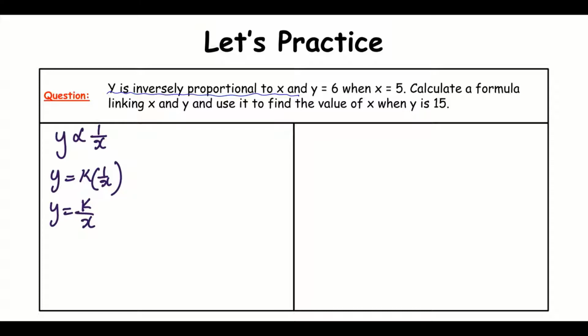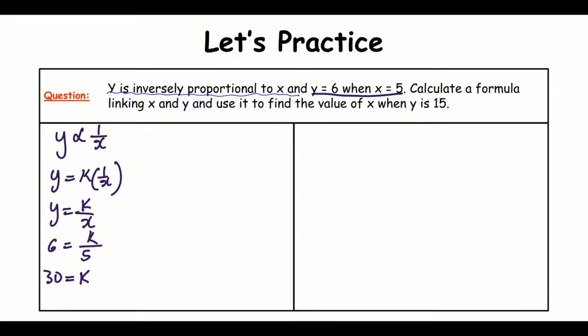So we now need to find the constant k. So when y is 6, x is 5. So let's plug in what we know. Anywhere I see y, I'm going to substitute 6, and anywhere I see x, I'm going to substitute 5. So therefore, k is equal to 30.